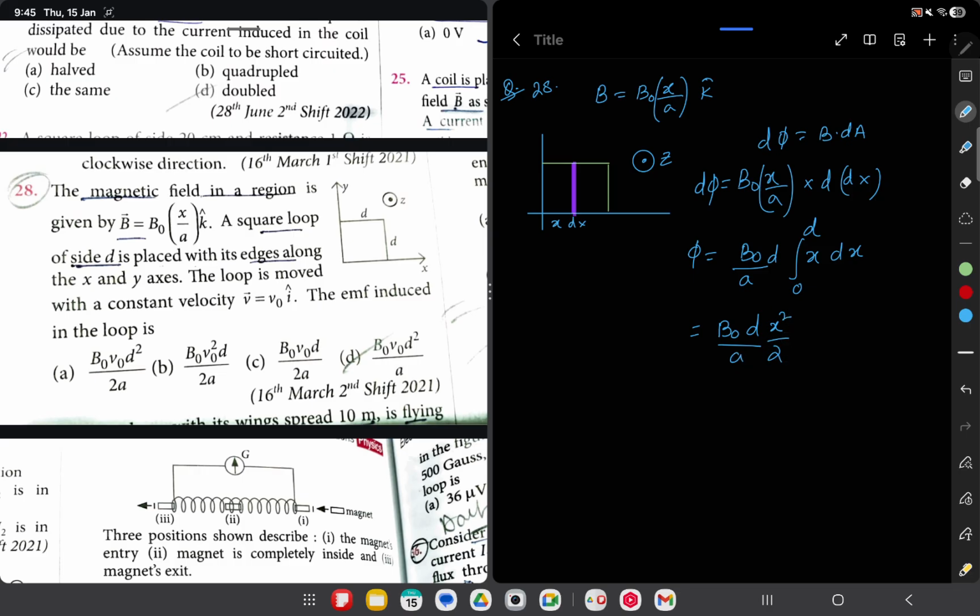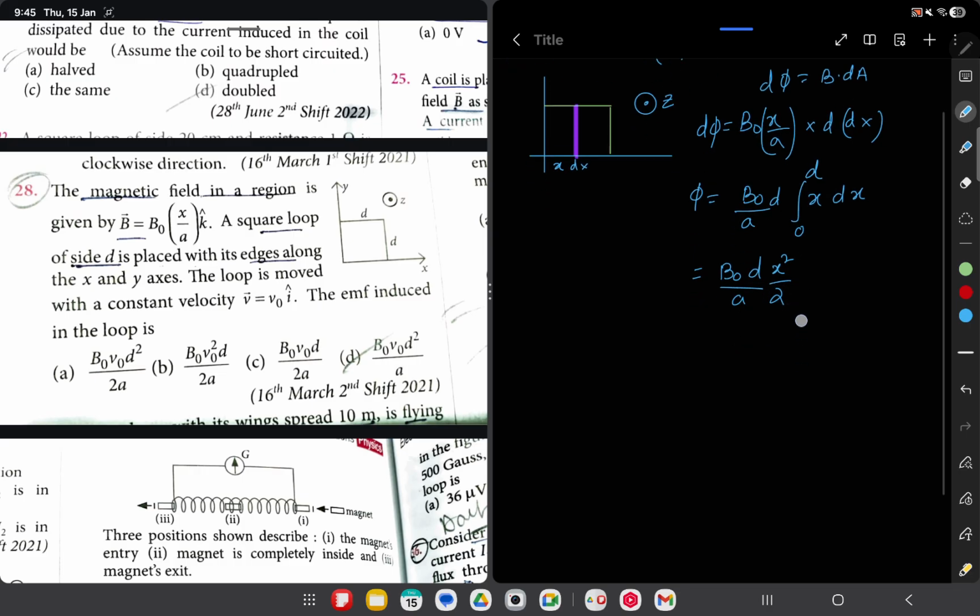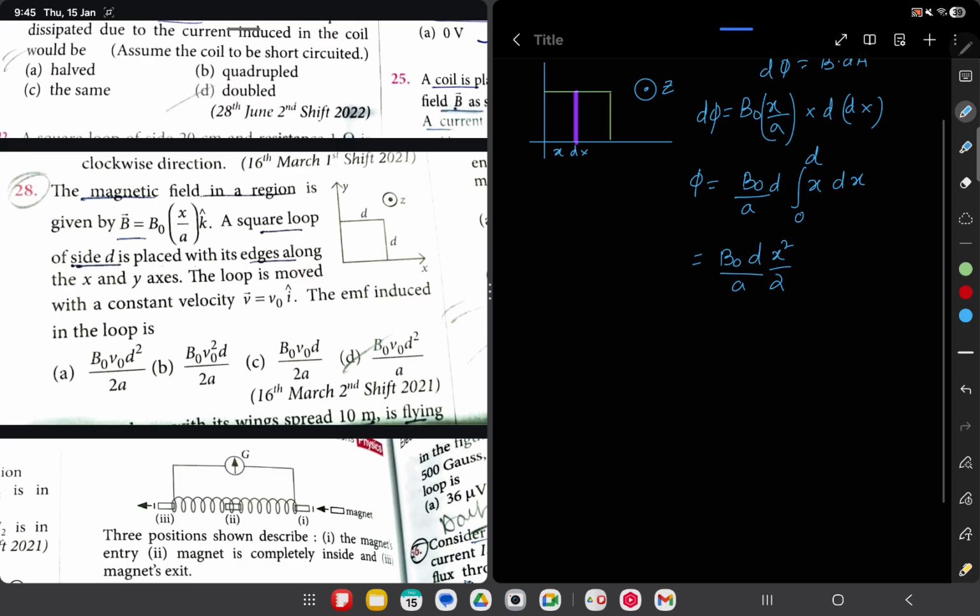X square by 2. Now if you differentiate this one, you will be getting d phi by dt equal to B naught d by 2a times d by dt of x square.